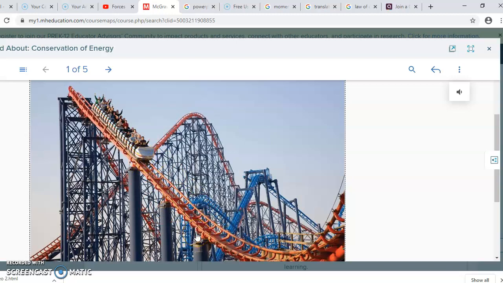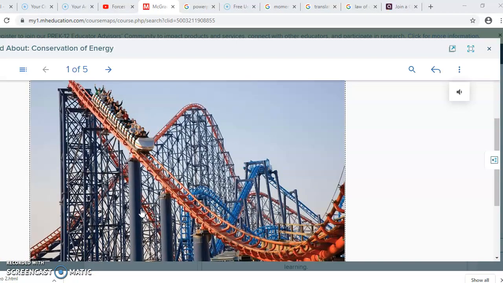When it increases its speed, more potential energy changes to kinetic energy, because more speed means more kinetic energy. But the total energy remains the same, it doesn't change. The total of kinetic energy and potential energy at each point is the same, but the amount of kinetic energy and the amount of potential energy changes.